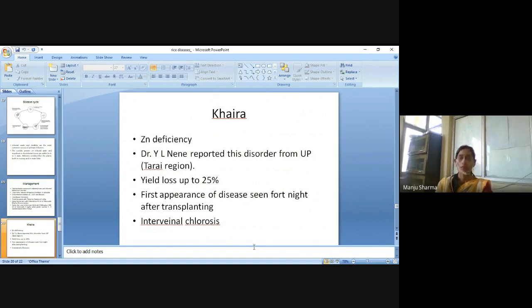First appearance of the disease is seen a fortnight after transplanting, with interveinal chlorosis.